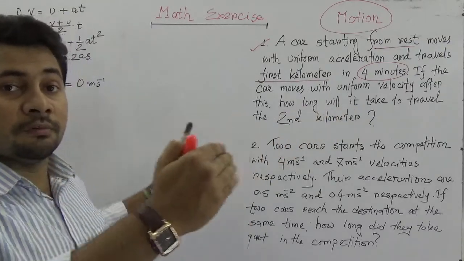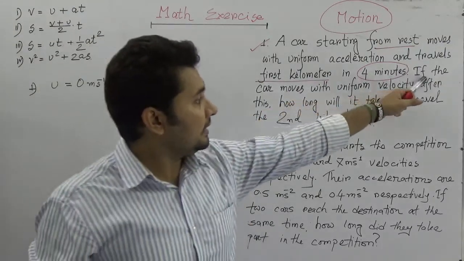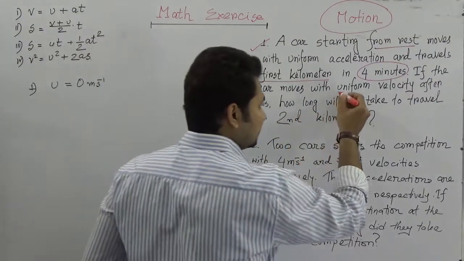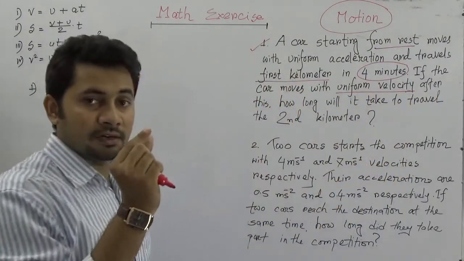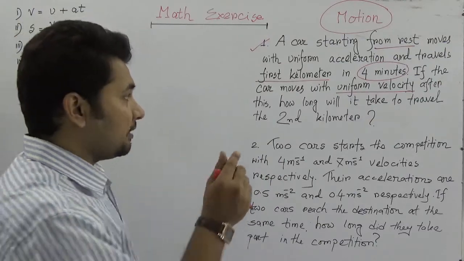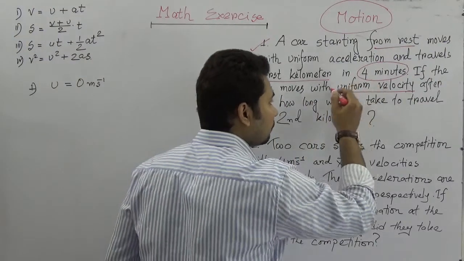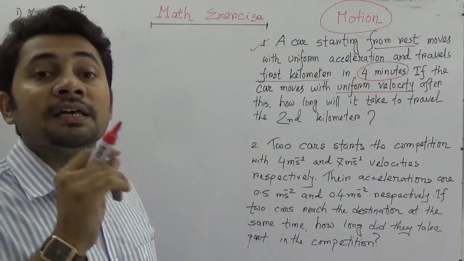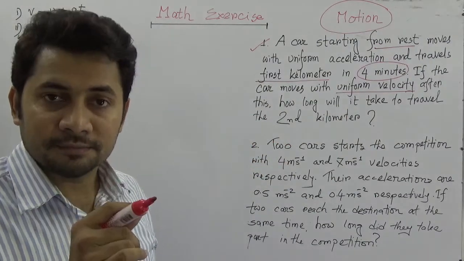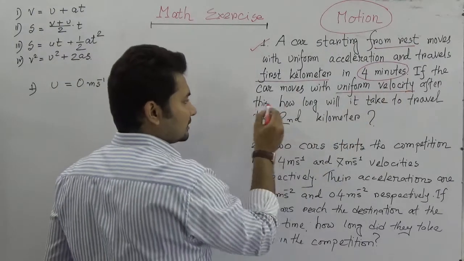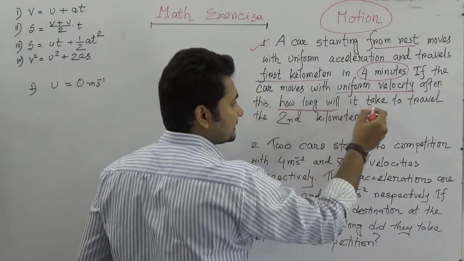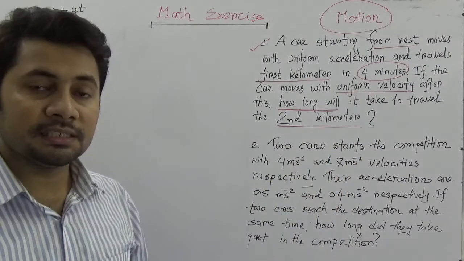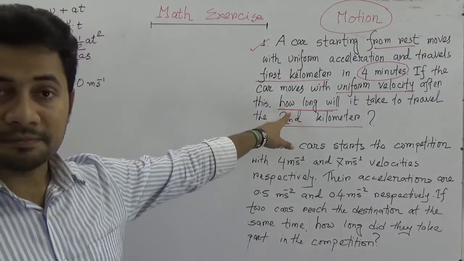Then the car moves with a uniform velocity, and from this word we need to know that when a body is moving with uniform velocity, there is no acceleration. After this, how long will it take to travel the second kilometer? So the question is the time.